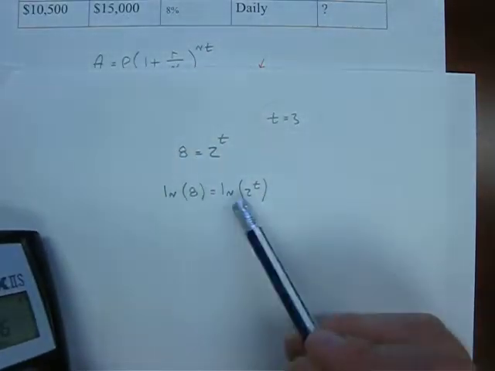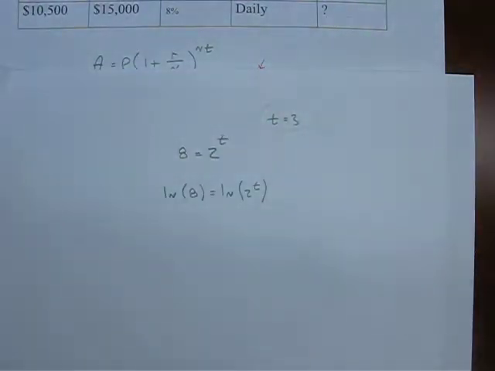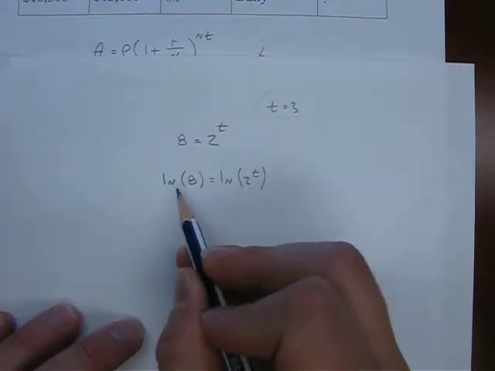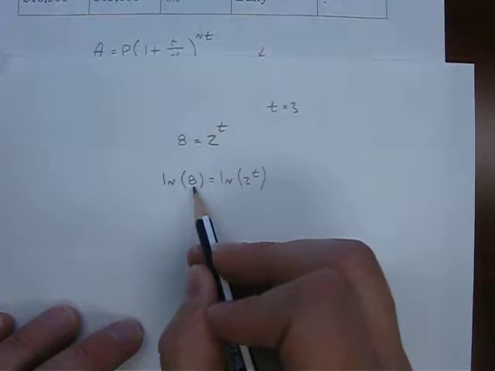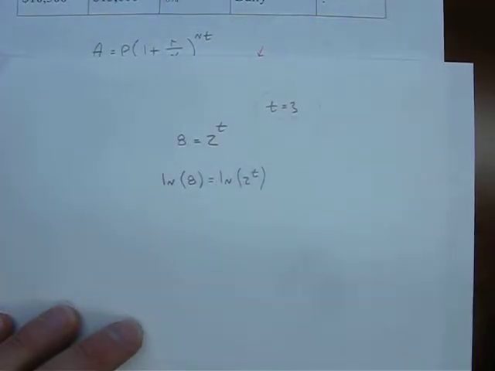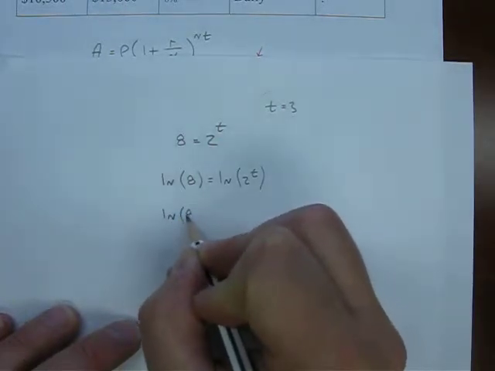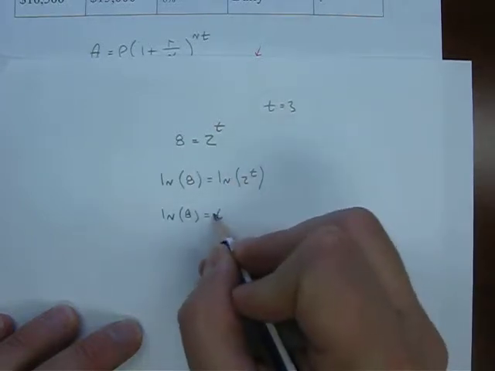Introducing this allows me ultimately to use my calculator to get an answer. I can do the same thing to each side. If I apply natural logarithm to the left, I have to keep it balanced and equal by applying it to the right. What that allows me to do is take that power and move it out here like this.